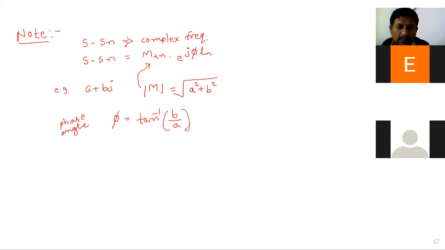Do you know this formula? Yes, b means imaginary part divided by real part. Phi is nothing but the phase angle, that is tan inverse of imaginary part divided by real part. So that is given here, phi. Now understood? What is M and what is phi?